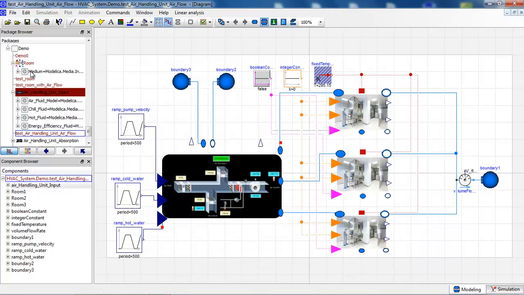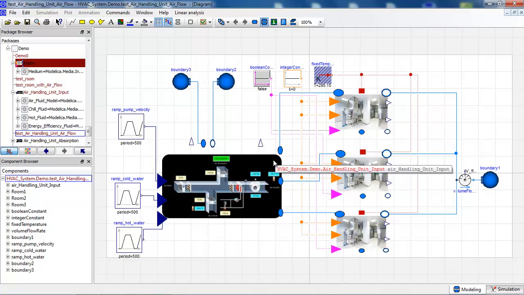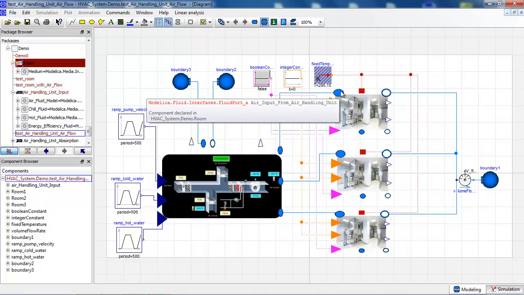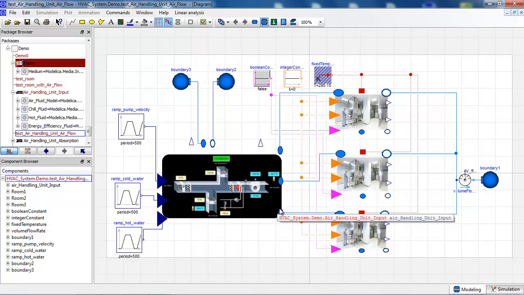I will now use the same room model that I showed you before, which is here, and drag and drop it and plug it through this interface for air transfer to the air handling unit. One is there, one is there, and one is there.